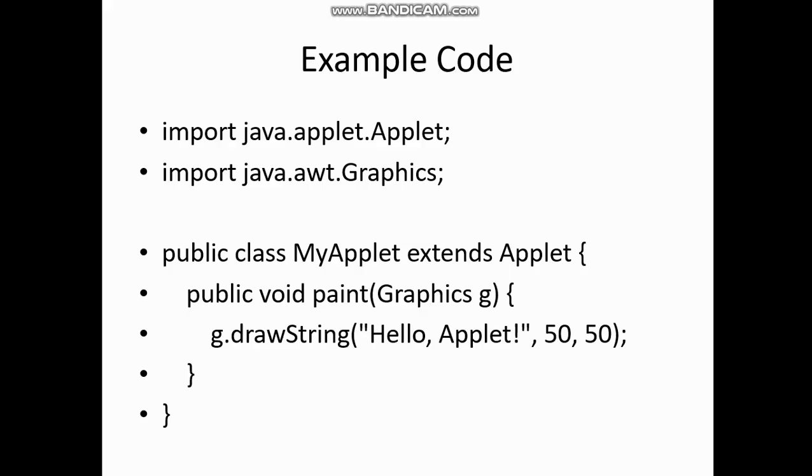The second and third arguments are the x and y coordinates, that is, the position on the display screen where the string is displayed. So we have specified 50, 50.